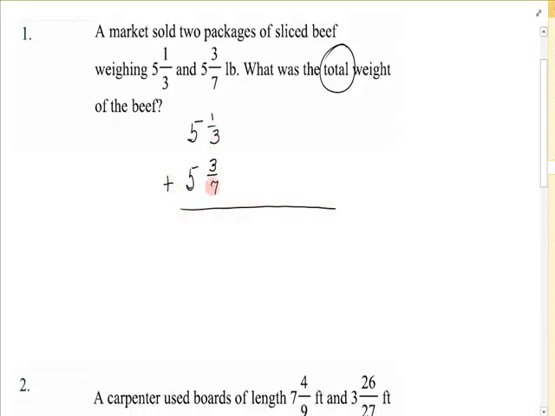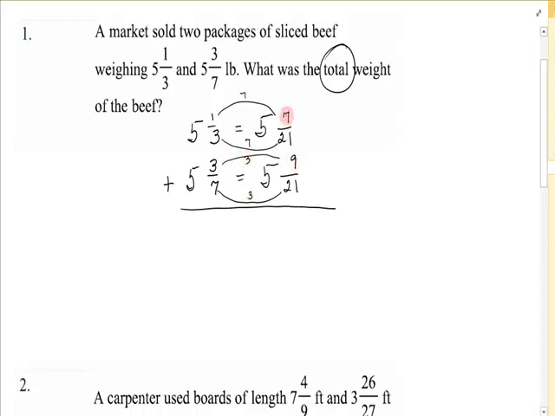The common denominator for 3 and 7 is 21. So this is 5 and some 21sts, and this is 5 and some 21sts. 3 goes into 21 7 times, and 7 times 1 is 7. 7 goes into 21 3 times, and 3 times 3 is 9.